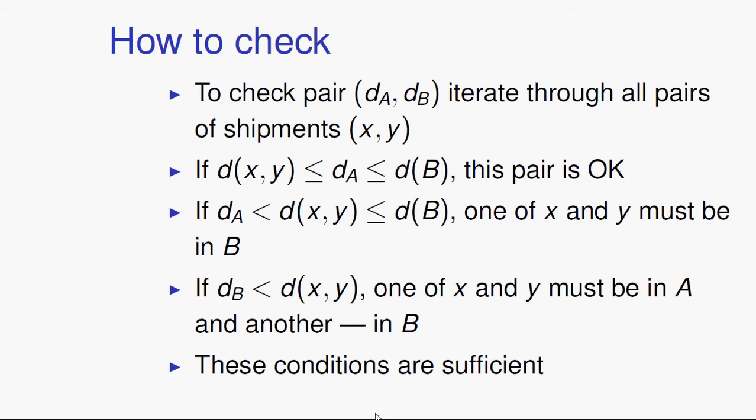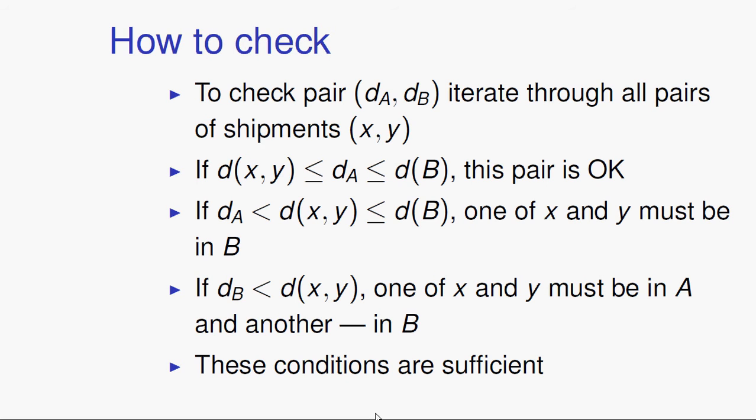It doesn't matter whether to place X and Y into A or into B or into different sets, because anyway pair XY won't break our conditions, because the distance between them is too small.